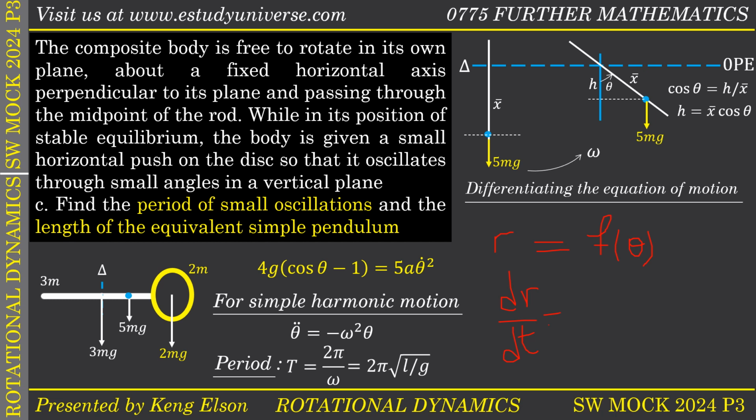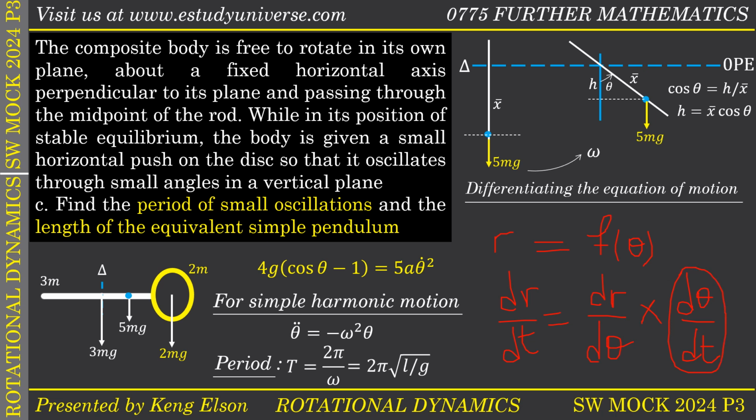You say dr by dt is the same as dr by d theta, because r is in terms of theta, and then you multiply it with d theta by dt. You realize that the d thetas cancel and you are still left with dr by dt. So this d theta by dt here is what we call theta dot.